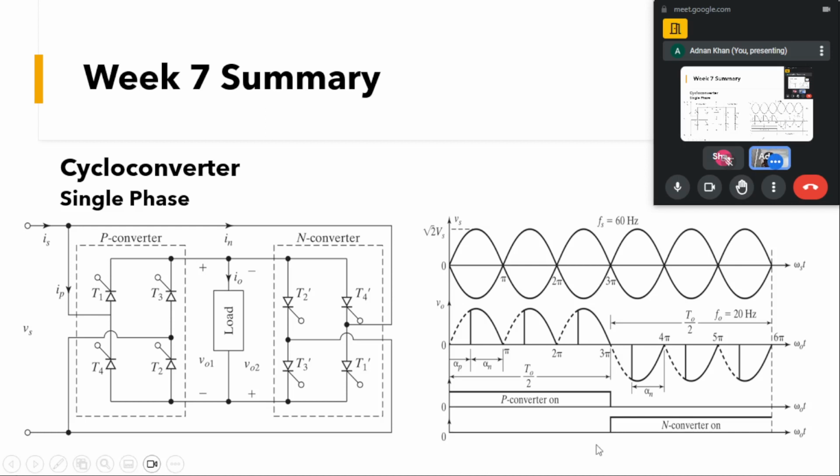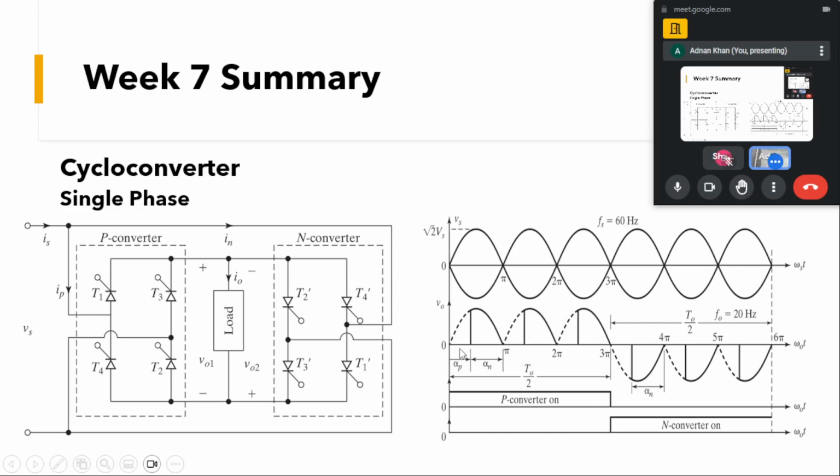Also, another thing that I would add here is, if we trigger the P converter at an angle alpha, then the N converter will be triggered at an angle pi minus alpha.